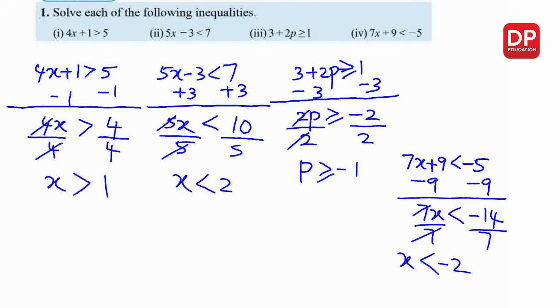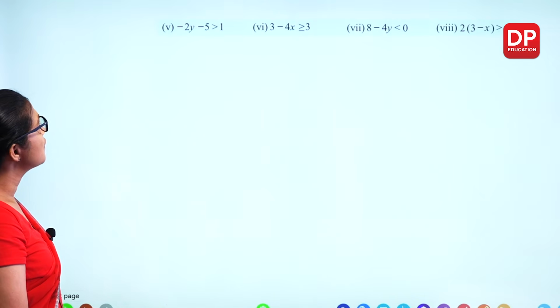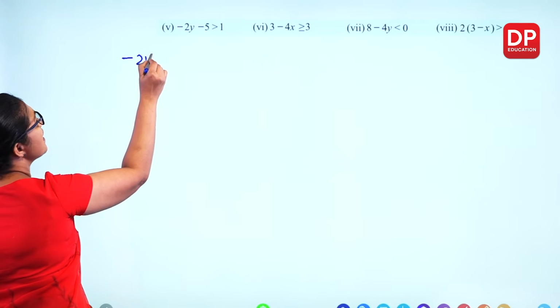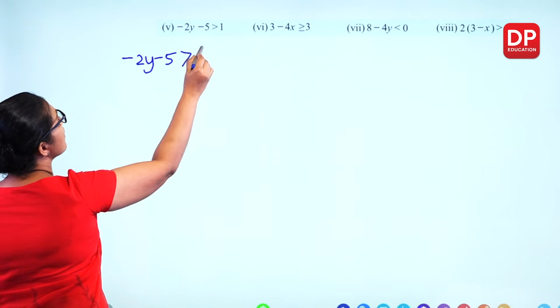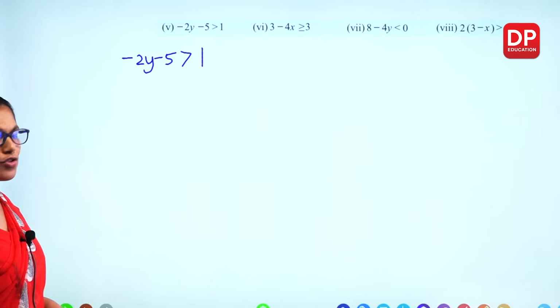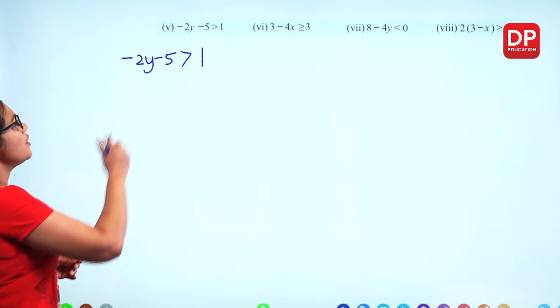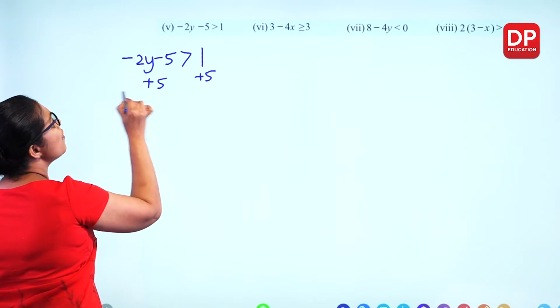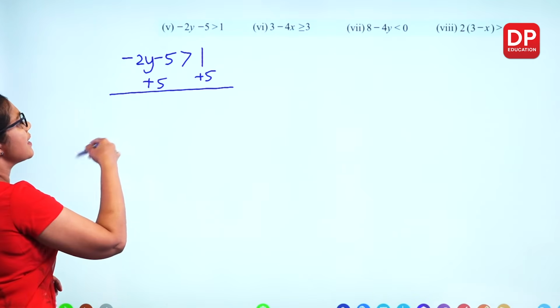Now we'll look at the next few parts. So in this one also you do the same thing. Try to take numbers to the other side. So what can we do? We can add 5 to both sides. 5 gets cancelled out.